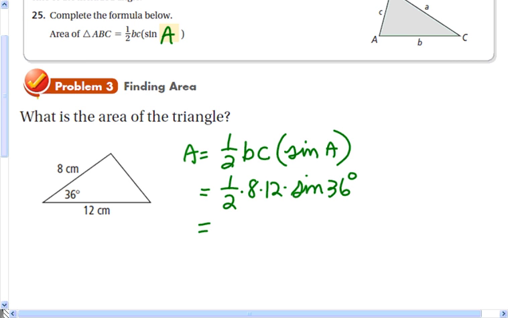If I multiply 1/2 times 8 times 12, I get 48. And you should simplify as much as you can before you approximate using your calculator. So we need to do 48 times the sine of 36. And if I round that to the nearest tenth, that comes out to be about 28.2 for the area. All right, go ahead, you try that.